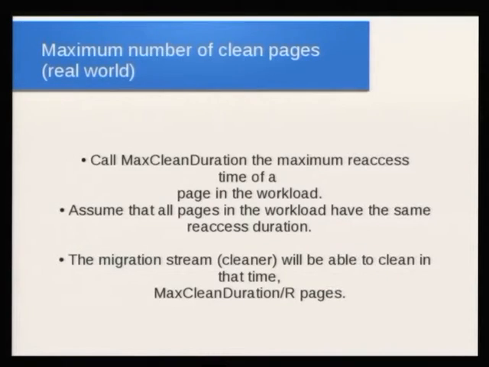So the migration stream will be able to clean, in that time, the duration that a page remains clean divided by R, which is the ratio of CPU and network.